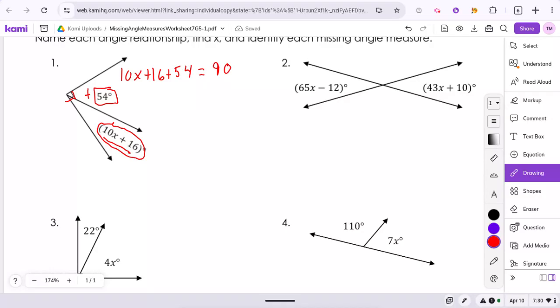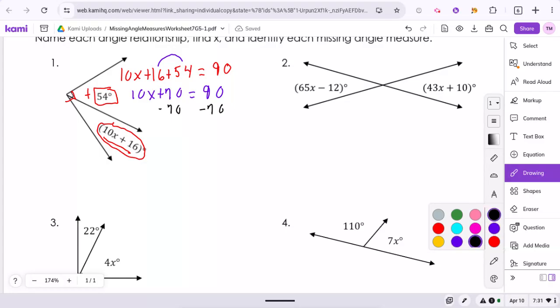Then you'd have a two-step equation. You would combine like terms, 16 plus 54, which is 70. So you'd have 10x plus 70 equals 90. And remember, you want to get the x by itself. So from there, you would get rid of the 70 over here by subtracting.